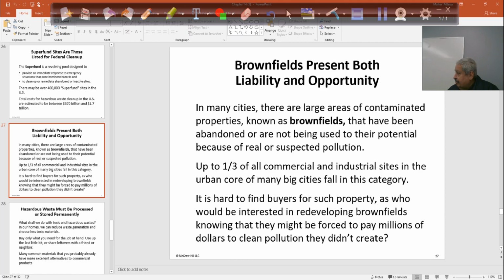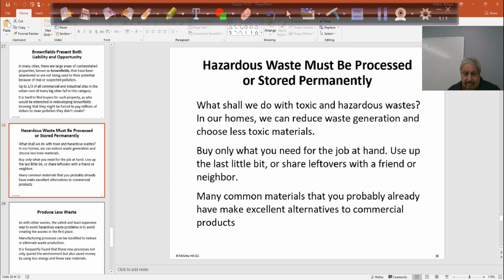So it ends up that the cities don't have the funds. It ends up that the federal government will intervene and help. If those sites are in a very imminent, very bad situation, then the federal government will come and help, because I don't think the cities will have the resources for this. It costs millions of dollars to clean up.